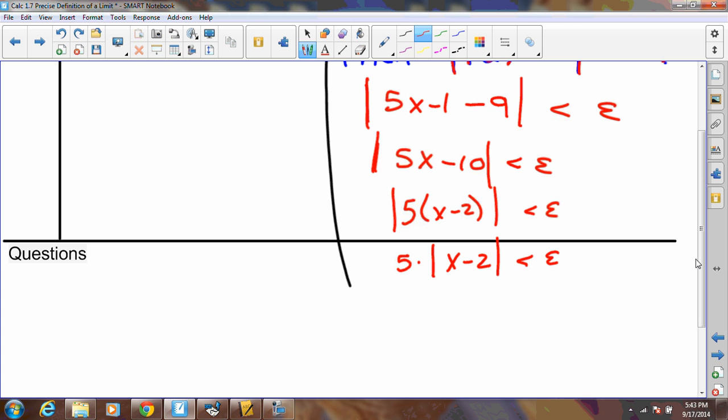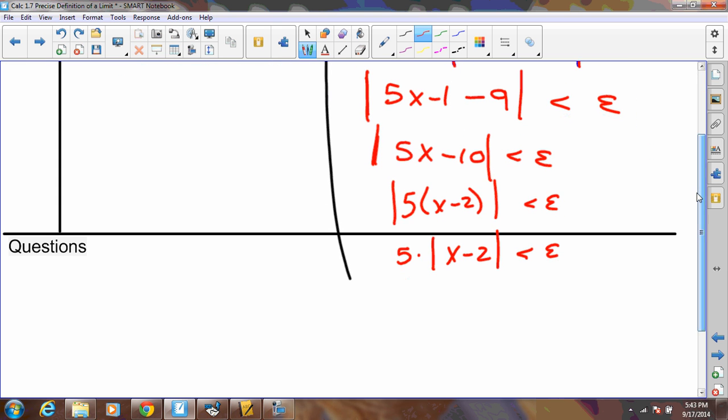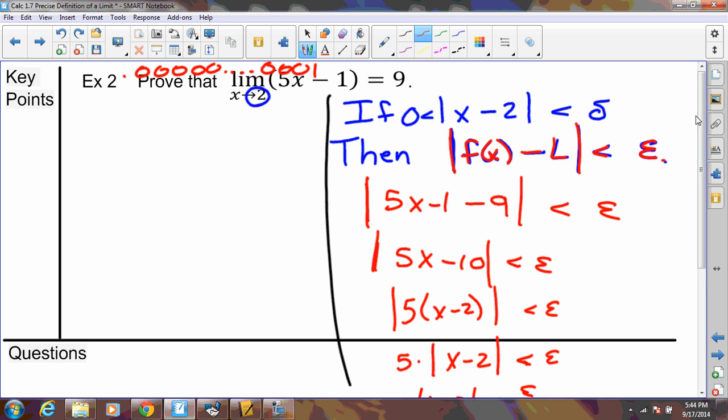You notice the absolute value is of x minus 2, matching up with what we had assumed we already had. That's not an accident. If we divide this bottom inequality by 5, that would tell us |x − 2| is less than epsilon over 5. But that's kind of what we were trying to get.